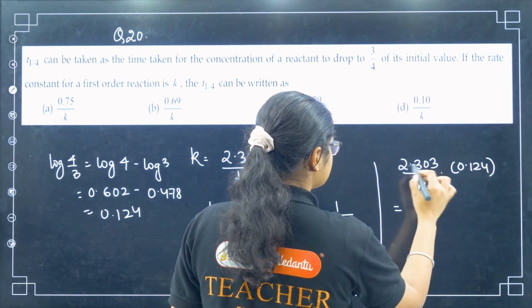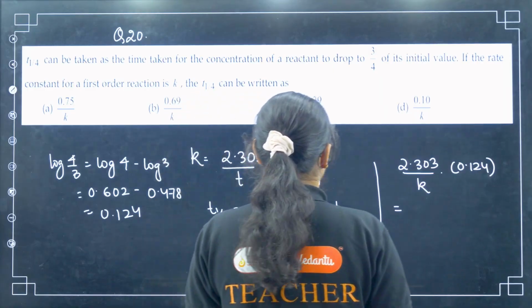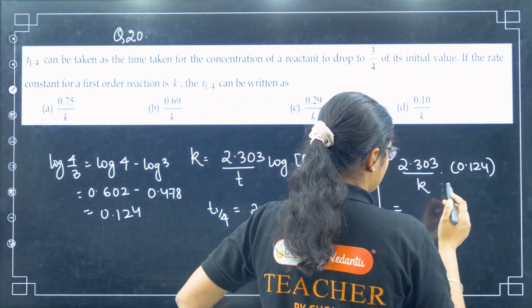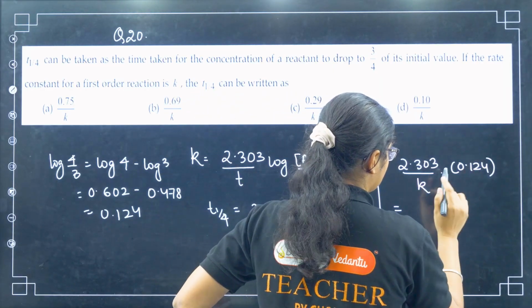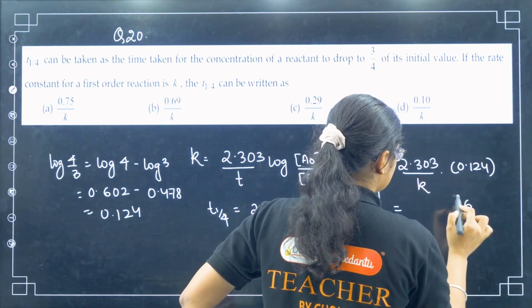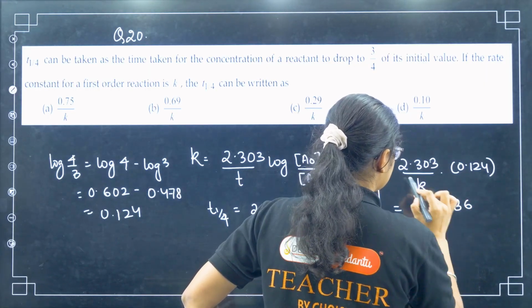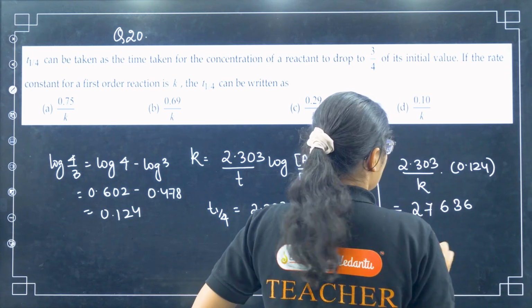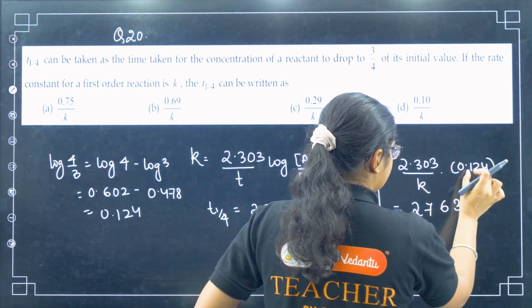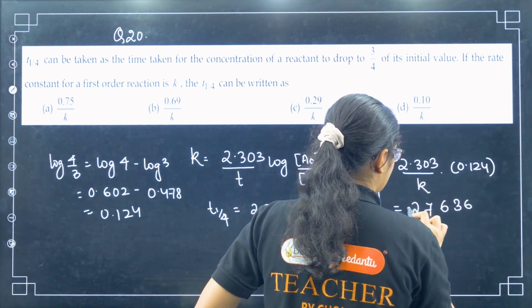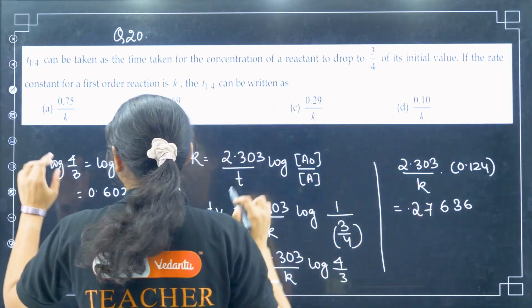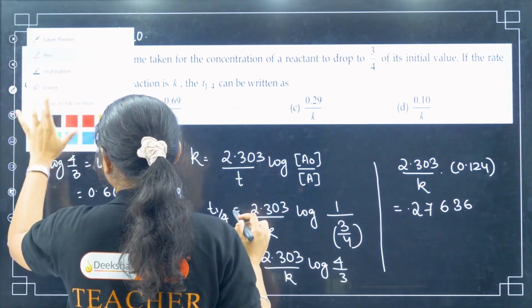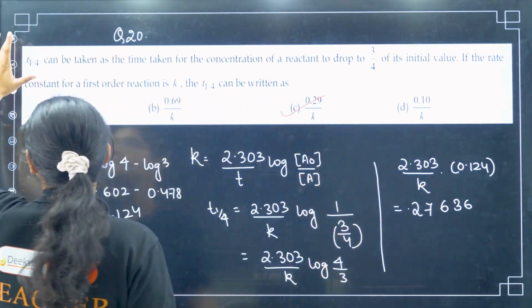Now if you multiply this, let me take 12 and multiply. 12 3s are 36, then 12 2s are 24 plus 3, 27. I have just taken 5 decimal places, so you will get 0.27 something. So the nearest answer here will be 0.29.